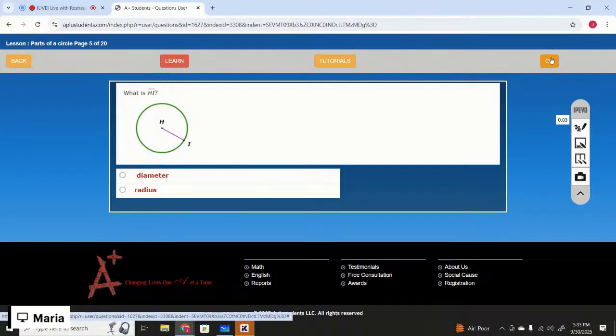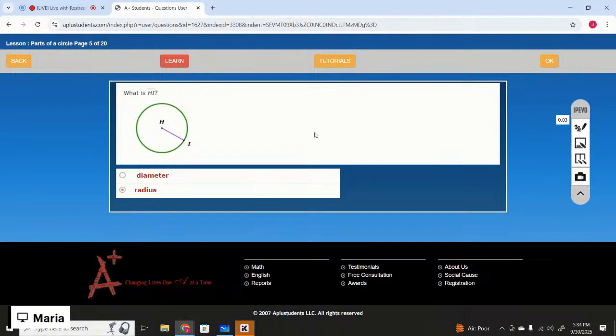What is MI? That is the radius of the circle.